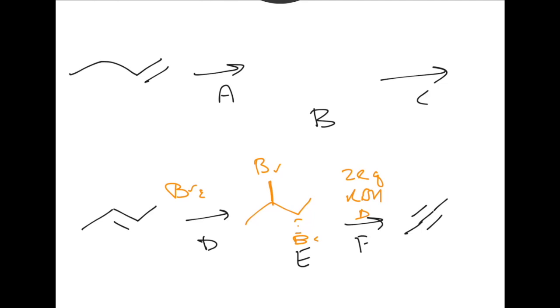If you use sulfuric acid and heat to make a double bond, it's a dehydration, so you had to start with an alcohol. And Zaitsev's rule says you're going to make the most substituted double bond that you can, so you're going to get the double bond that is shown here.